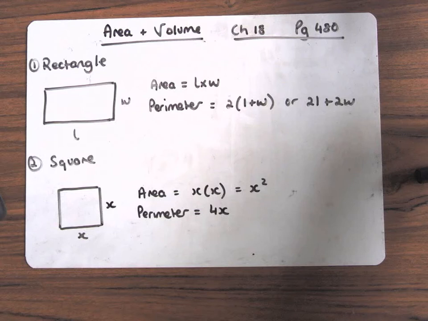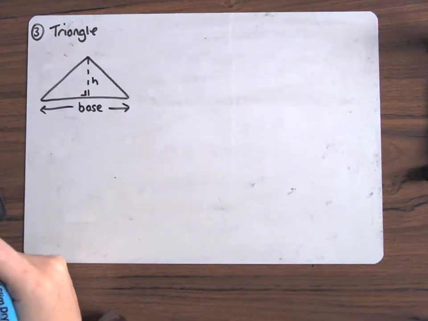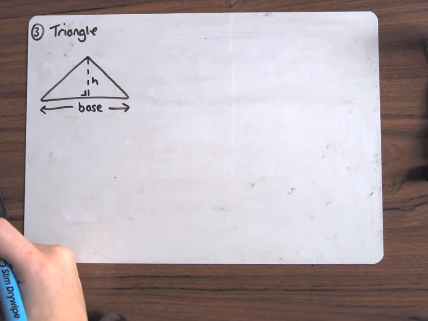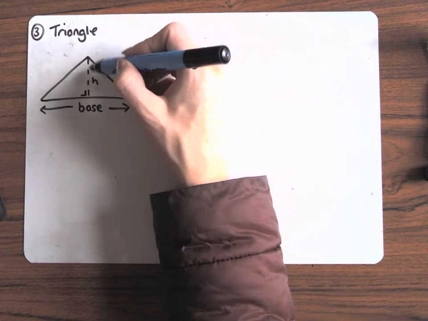So number 3 is triangle. So you have a triangle there. You have your perpendicular height, h.